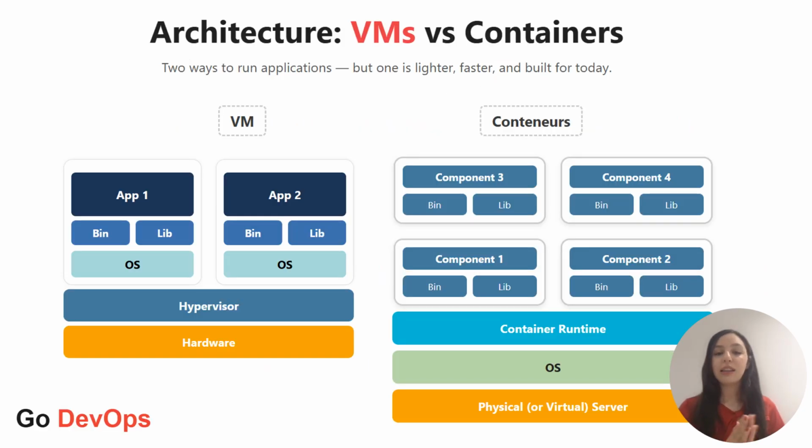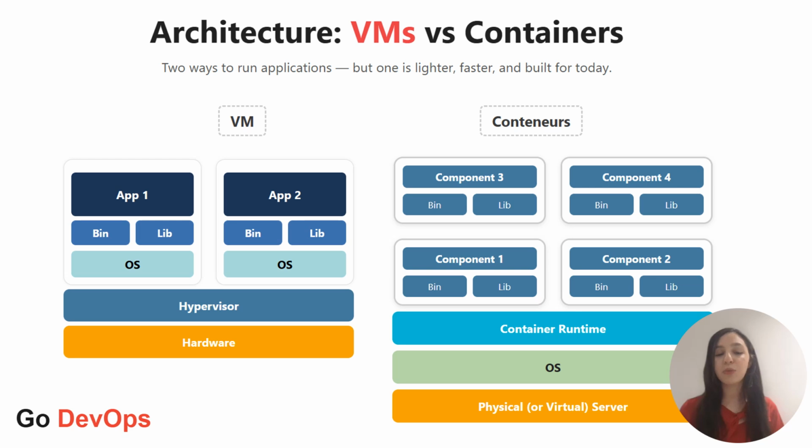So let's take a side-by-side look at two different architectures. The one on the left is for virtual machines and the one on the right is for the containers. With virtual machines, each application runs inside its own virtual environment, complete with its own operating system, binaries, and libraries.